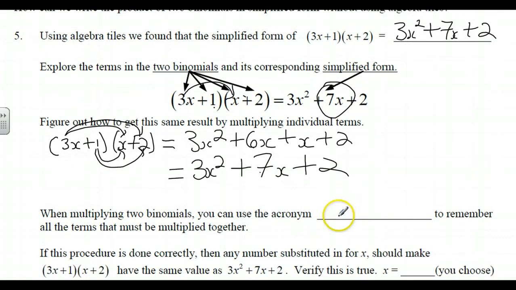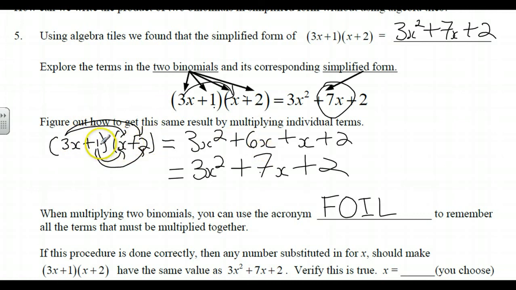When multiplying two binomials together, you can use the acronym FOIL. FOIL stands for first, multiply the two first terms together. Outside or outer, multiply the outside terms, the 3x times the 2, giving you the 6x.